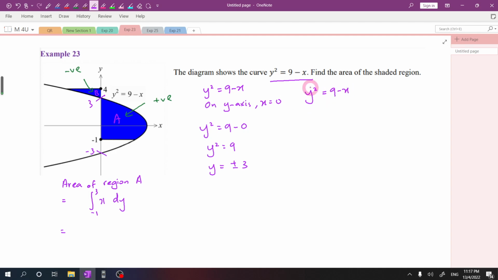I bring the negative x over here, become positive x. 9 copy. y squared bring over here, become negative y squared. Now we have a function x in terms of y. I'm going to bring this whole thing inside here: 9 minus y squared dy. Now we can start to do the integration.